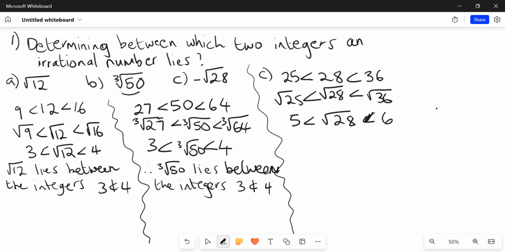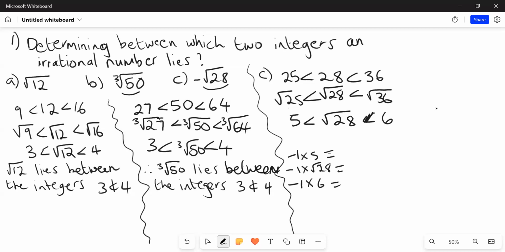But now, once again, we're looking for a negative square root of 28, right? So we need to say, okay, negative 1 multiplied by 5, negative 1 multiplied by root 28, negative 1 multiplied by 6 equals to.